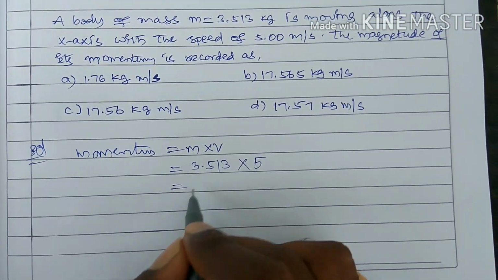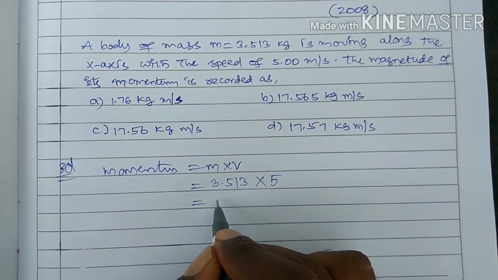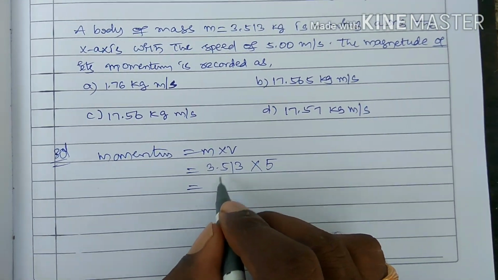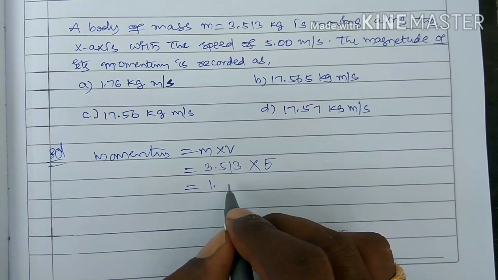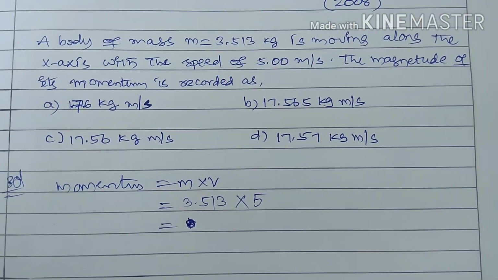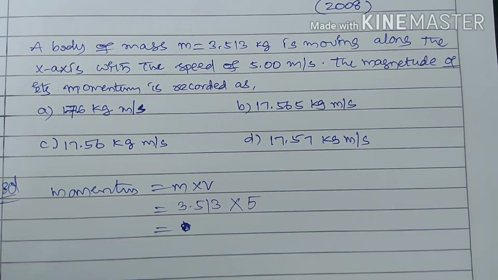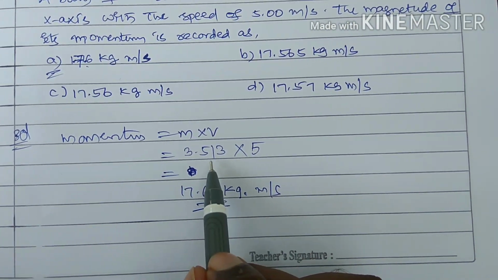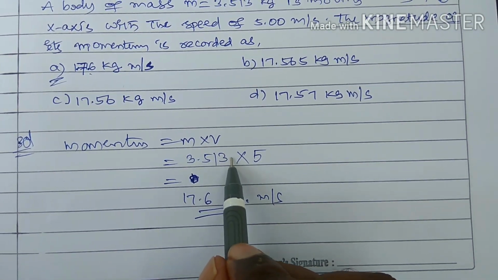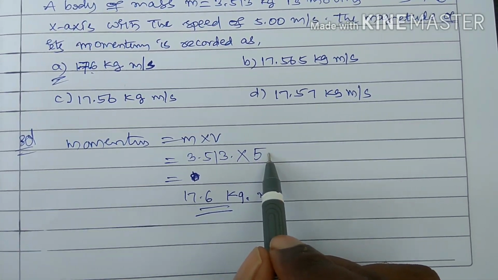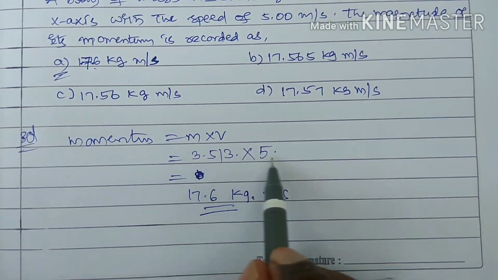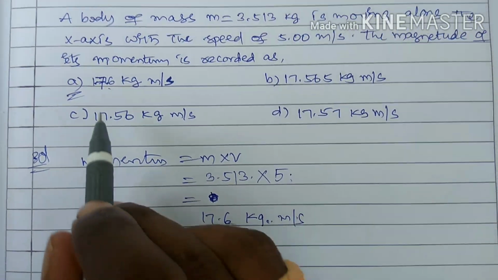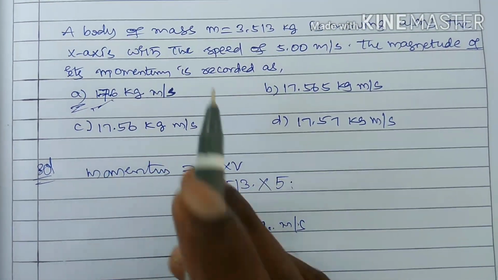Multiplying these two, we get 17.6 kg meter per second. So option A is the right answer.